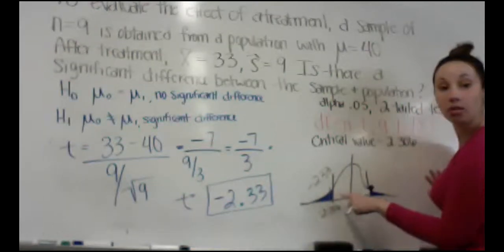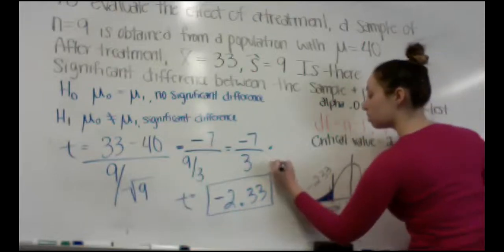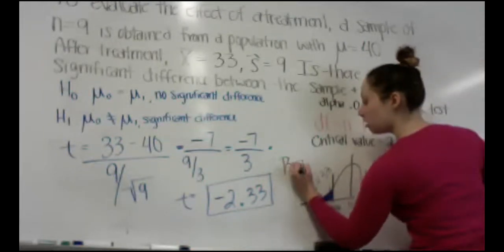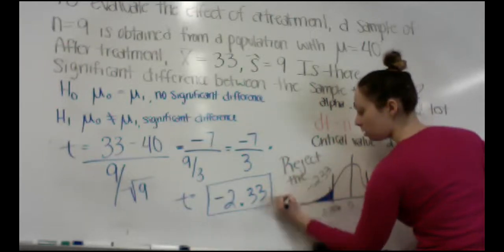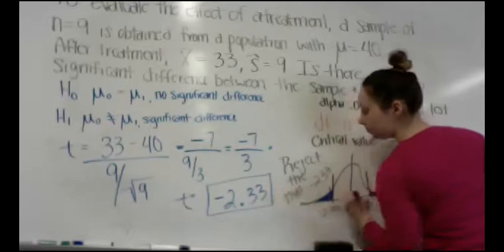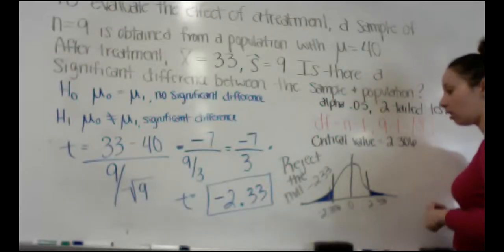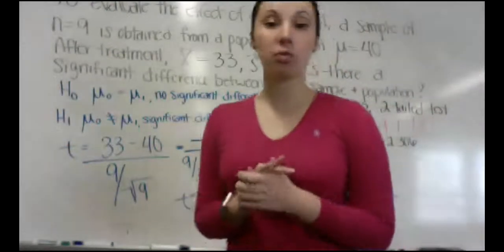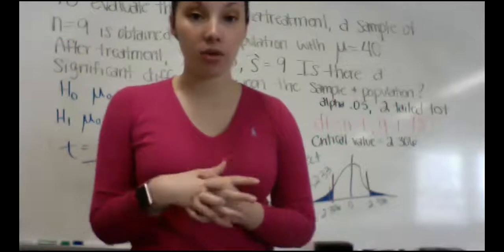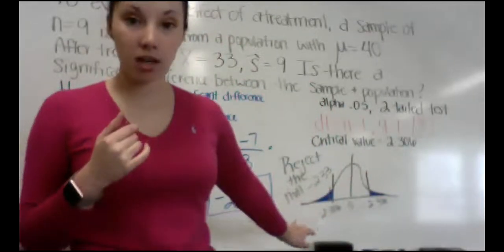So that means that we reject the null hypothesis. In other words, there is a significant difference between our population and our sample. We reject the null hypothesis. That is how you would come to that conclusion.